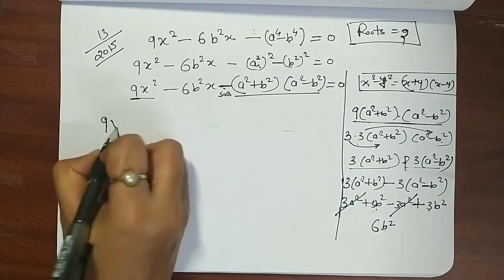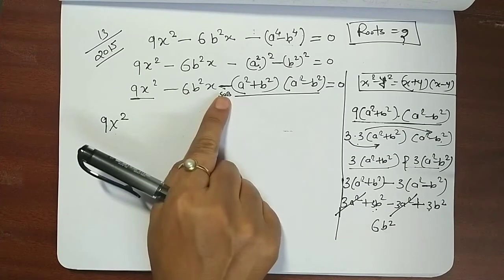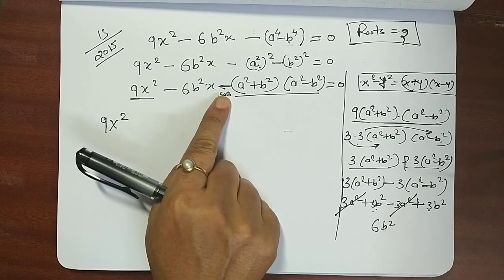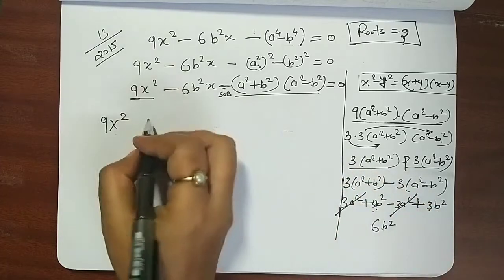I will show you how. So let me copy 9x square. I need minus 6b square, guys, after subtraction. So I will put this as minus and this as plus. So let me see.